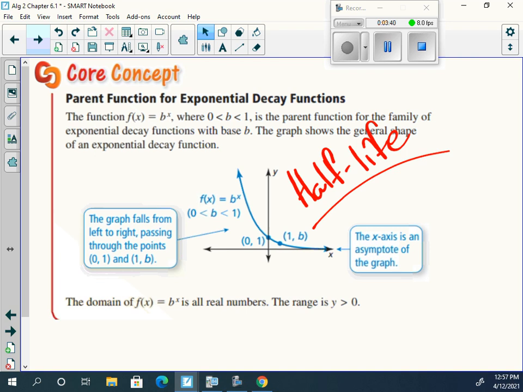Another side fact: does anybody know who found one of the first types of radioactive elements? It was actually not Einstein. It was Madame Curie, a female scientist. She and her entire family ended up dying of radiation poisoning because they didn't know what radiation was at that point.